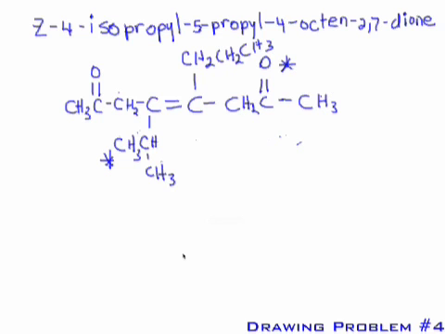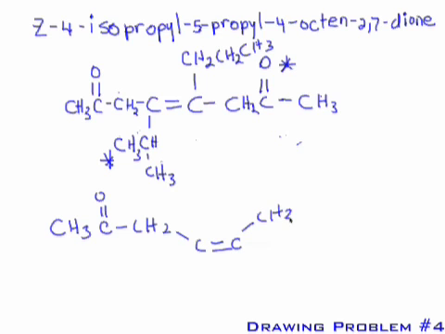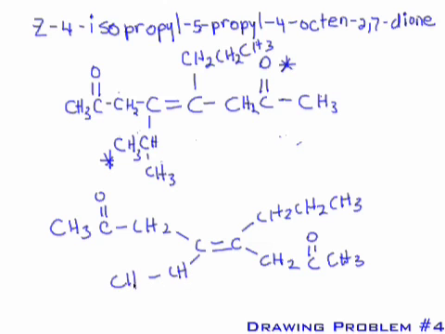Now, if you want to make it clearer, you could write it this way. Two priority groups now are here and here. They're on the same side. And so you've made Z.